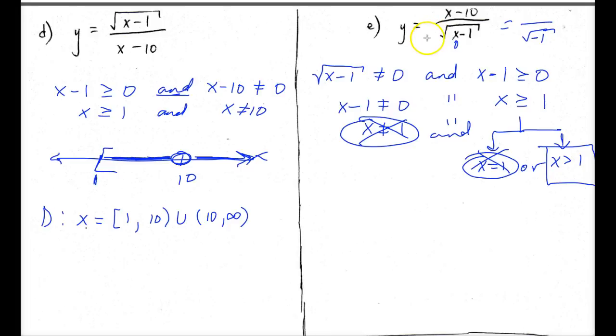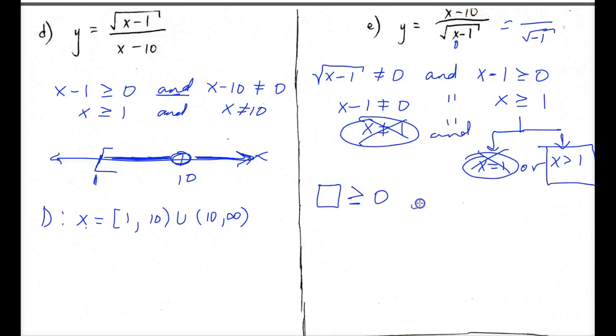So if you remember, I had said that whenever we deal with the square root or fourth root or sixth root of some function, whatever is under the radical would be greater than or equal to 0. And this is this case.